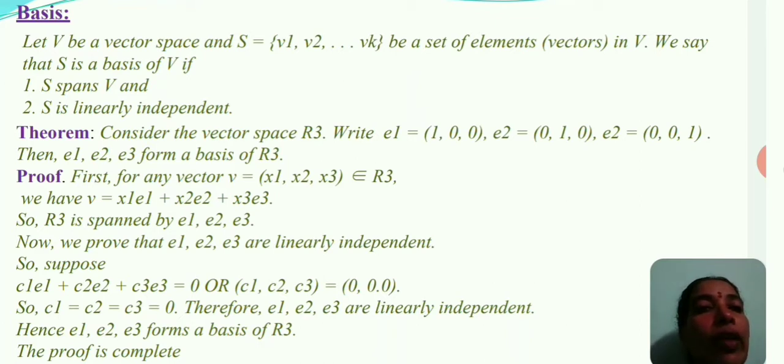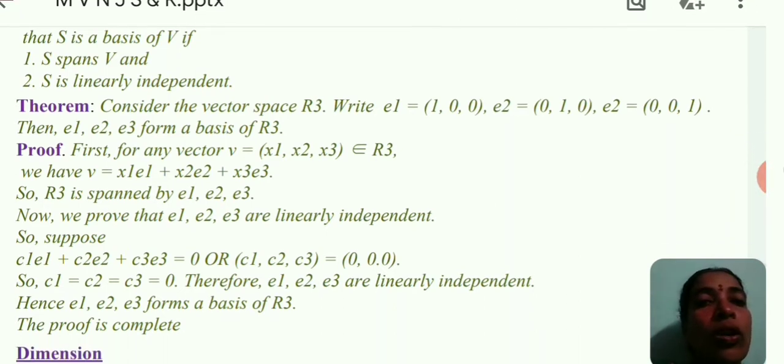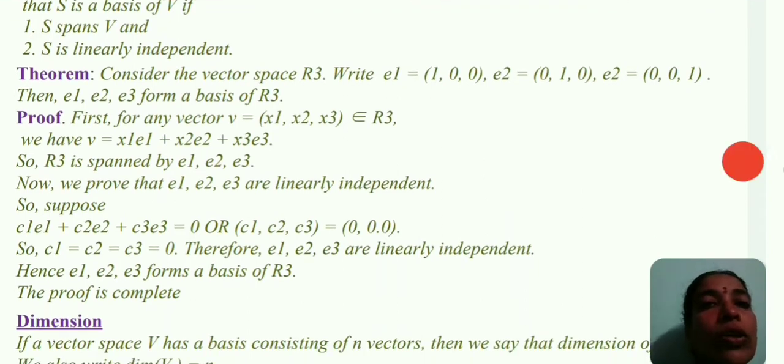For any vector V, whose elements are x1, x2 and x3, belonging to R3, we have V is equal to the linear combination x1 E1 plus x2 E2 plus x3 E3.